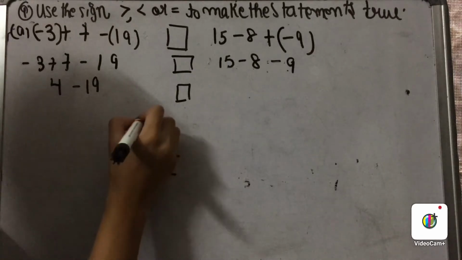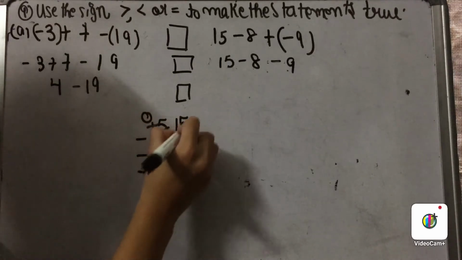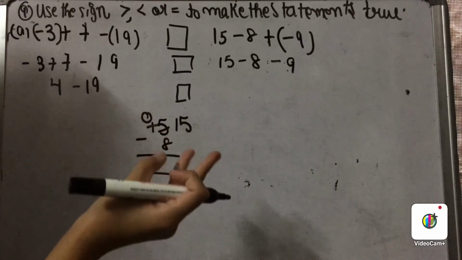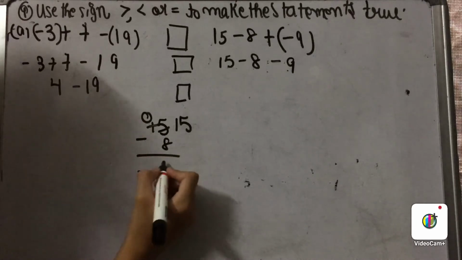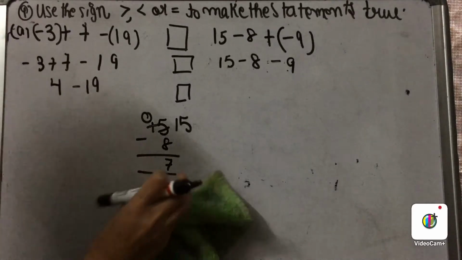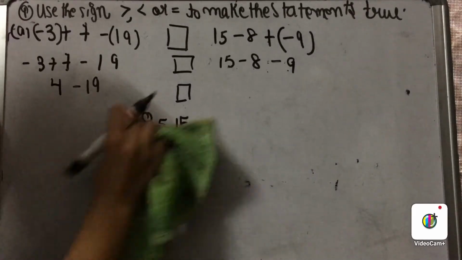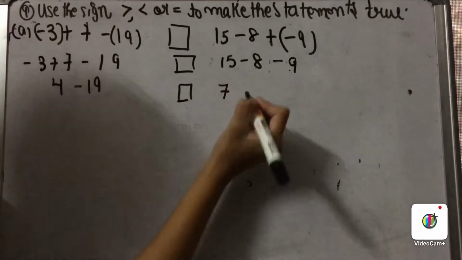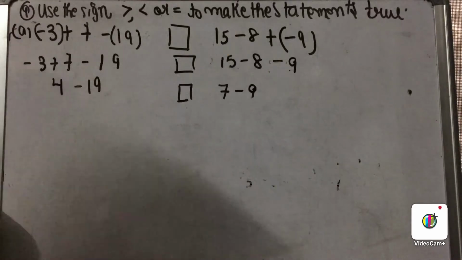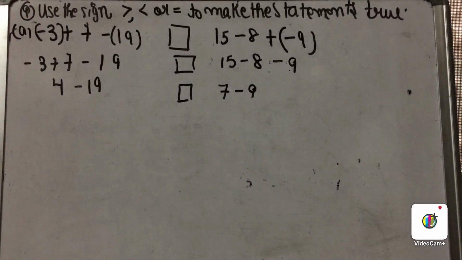So 1, 0, and now 15, 8, 9, 10, 11, 12, 13, 14, 15. So it will be 7. So 15 minus 8 equals 7 minus 9. So now let us move to our next.